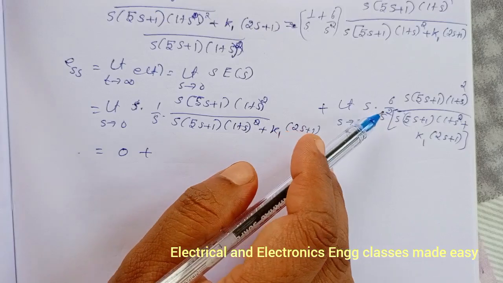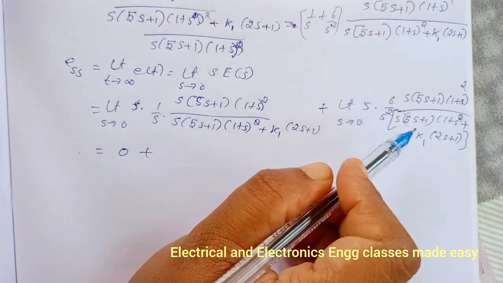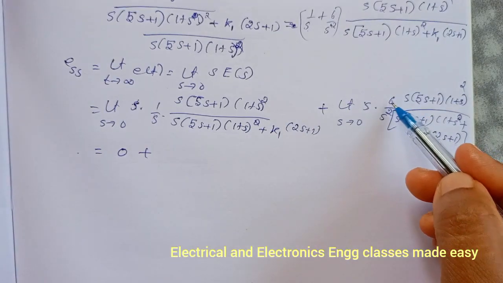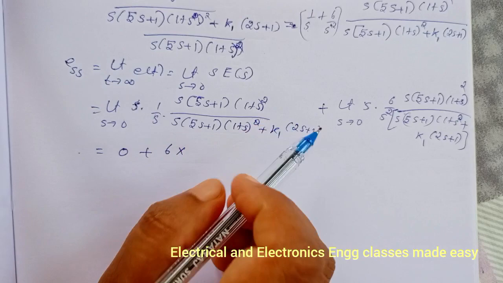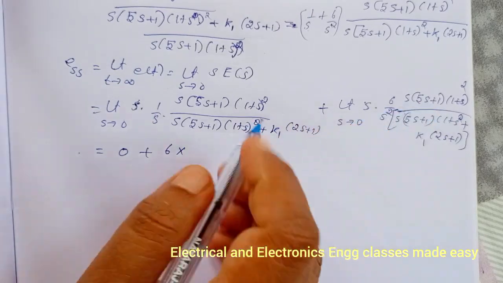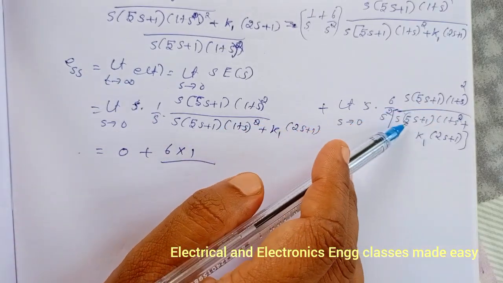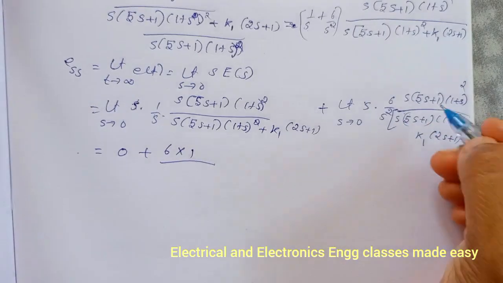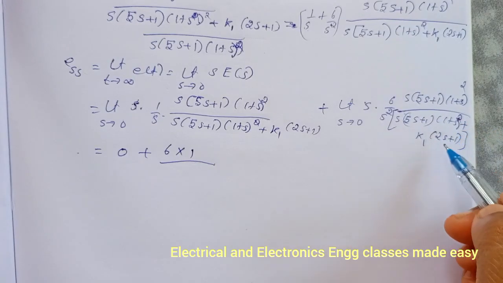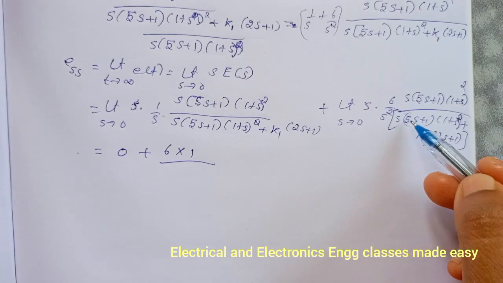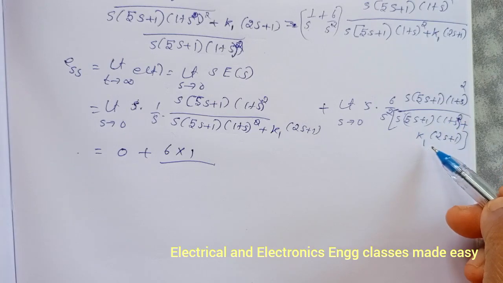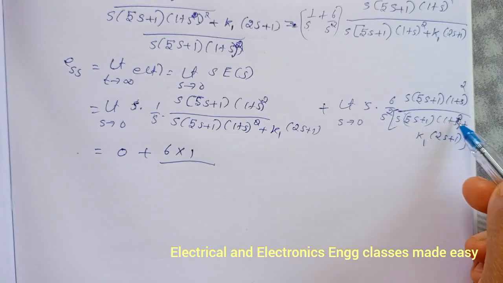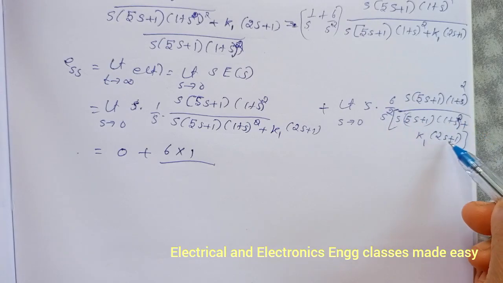Then plus, here we can cancel this s, and after applying the limit we get 6 into 1 into 1 divided by, in the denominator, s becomes 0 so we get 0, then plus K1.